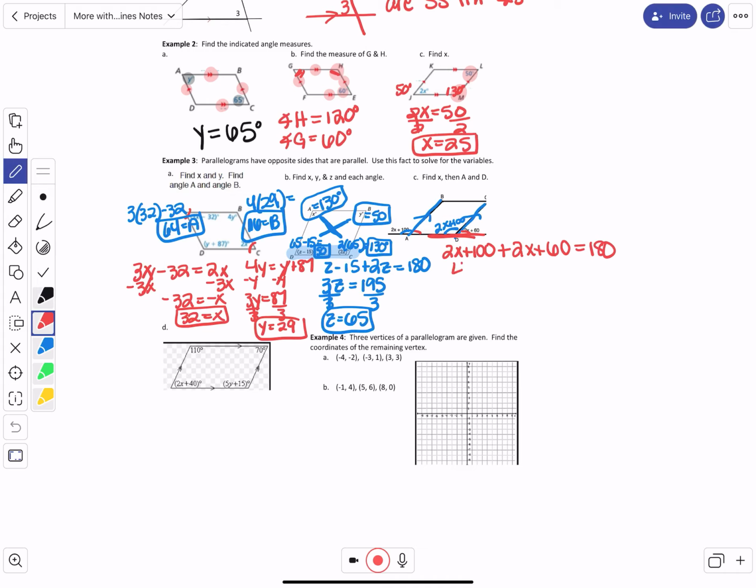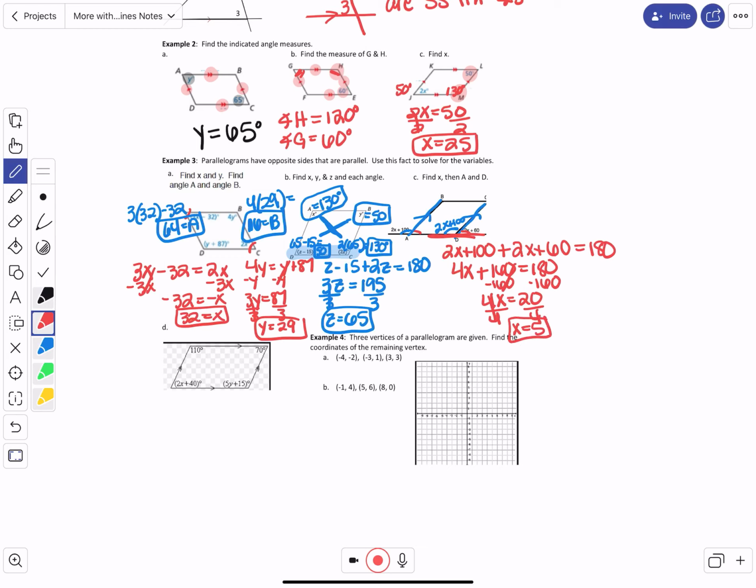So 2x plus 2x is 4x. 100 plus 60 is 160. And, of course, it equals 180. So now I can subtract 160, and I'll get 4x equals 20. Divide by 4, and x is going to equal 5.